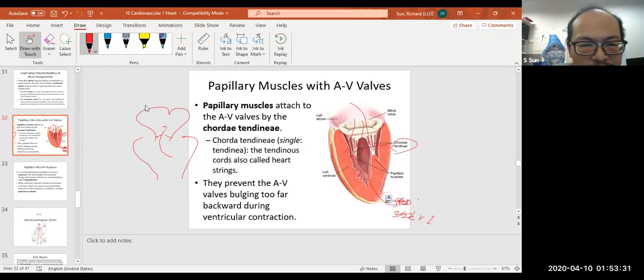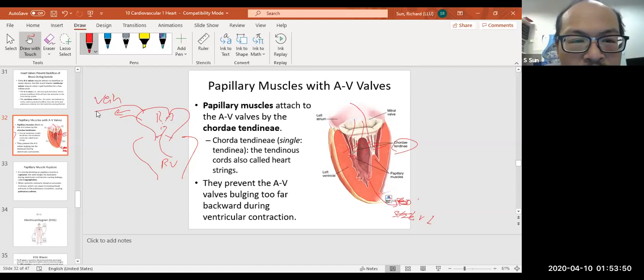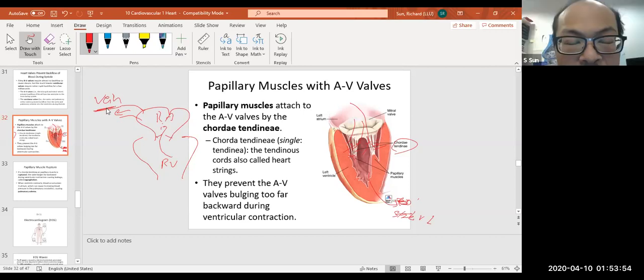Very quickly, just 2 minutes, I will finish it. One is that if this is the right atrium, right ventricle, and blood goes back here, it will go into where? Veins. Good. Which vein? Is that the vena cava? Vena cava. Vena cava connects to the body.